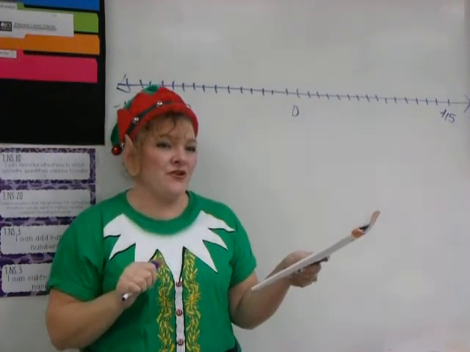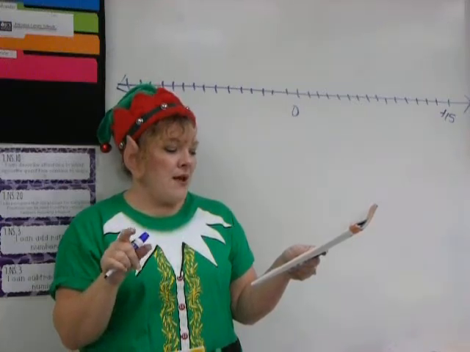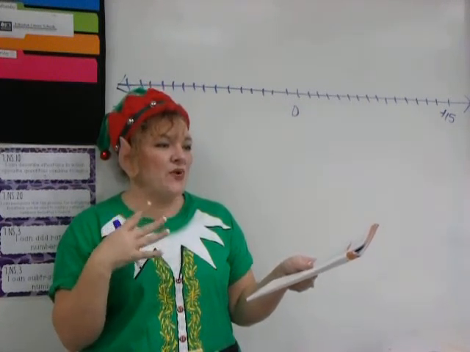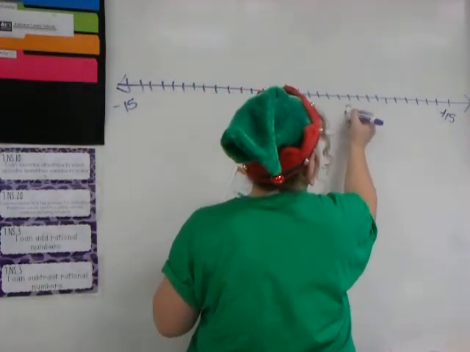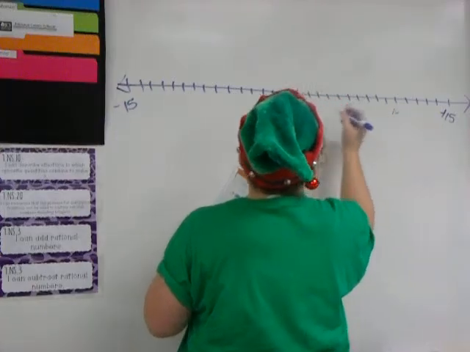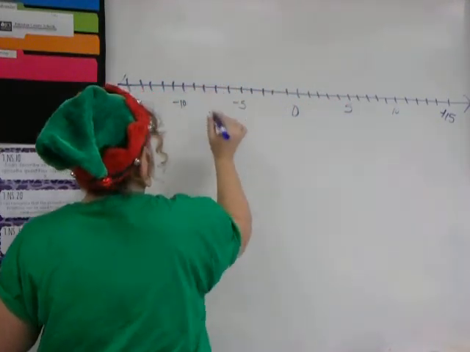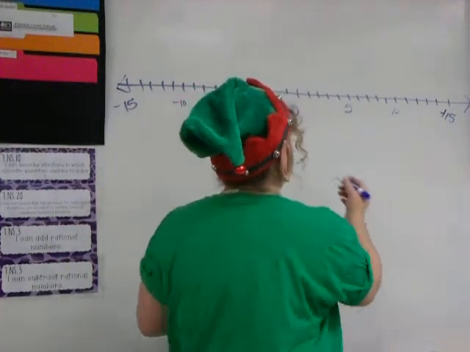Identify the temperature that is halfway between each pair of temperatures, and again we can use a number line to do that. So 0 and positive 10.